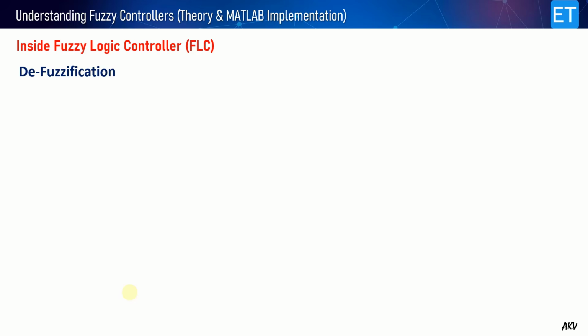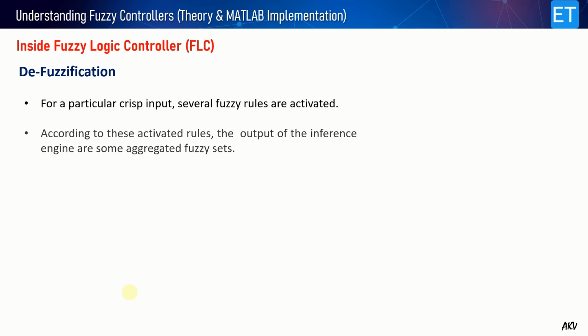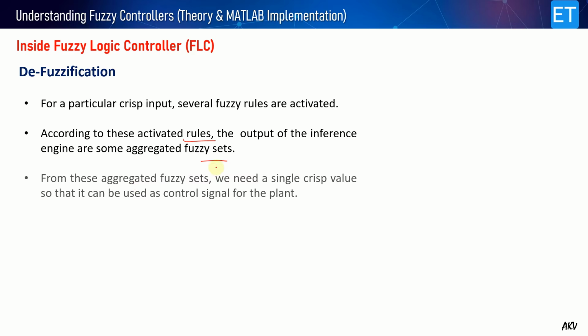Now let's see what de-fuzzification is. For a particular crisp input, several fuzzy rules are activated. According to these activated rules, the output of the inference engine is some aggregated fuzzy sets, not the crisp values. From these aggregated fuzzy sets, we need a single crisp value so that it can be used as a control signal for the plant.